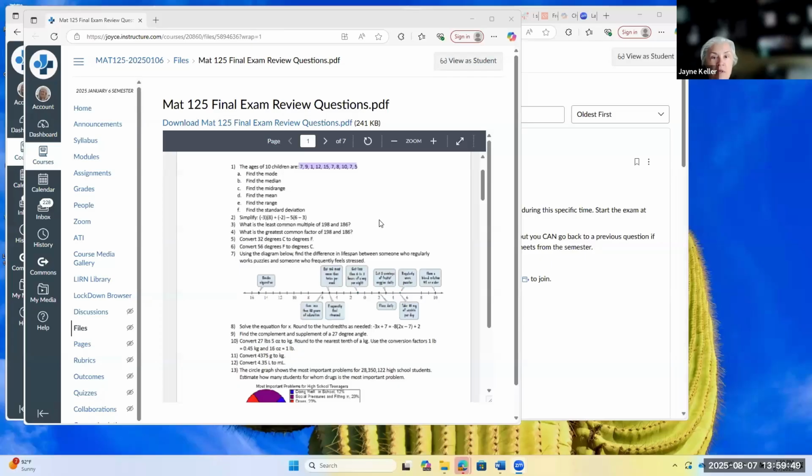Okay, and then for the other ones. For the median, remember, we have to have these numbers in order. So I'm going to rewrite these ordered smallest to largest, and I cross things off as I go to make sure that I'm getting them.